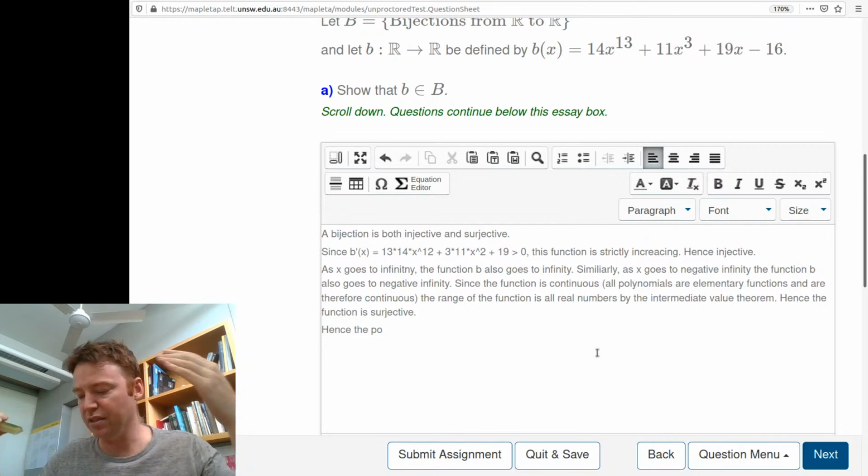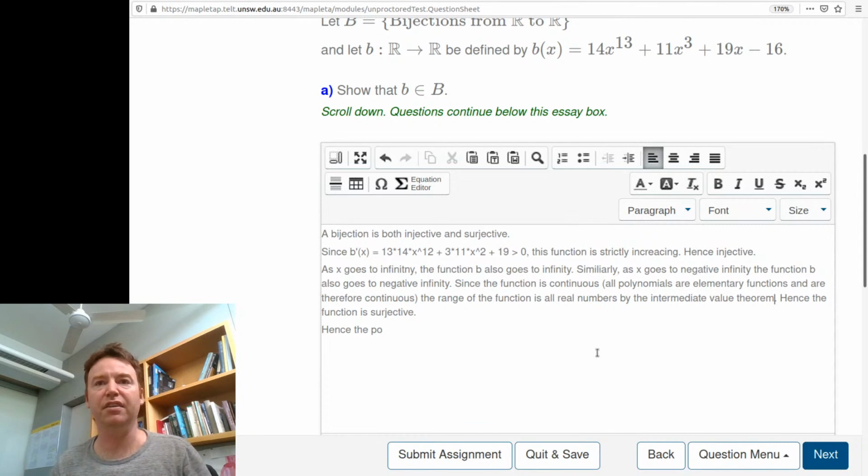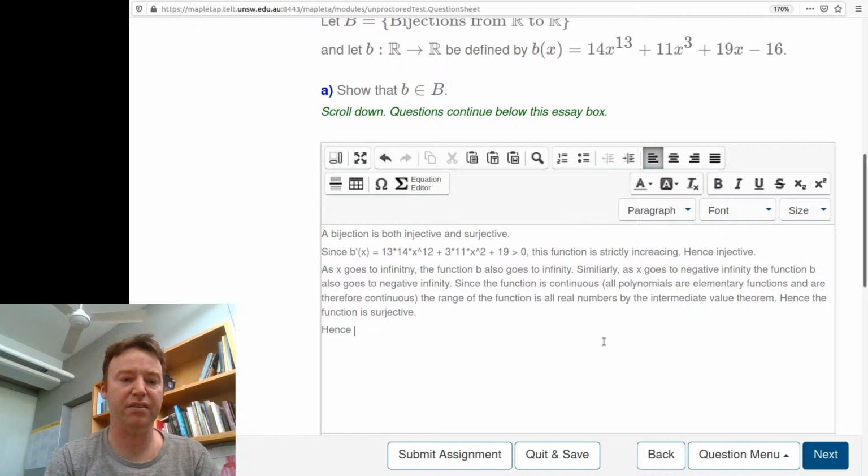You need to show that it's unbounded, and therefore contains everything, and more than being unbounded, it actually hits everything because it's continuous. Hence the function b is in B.